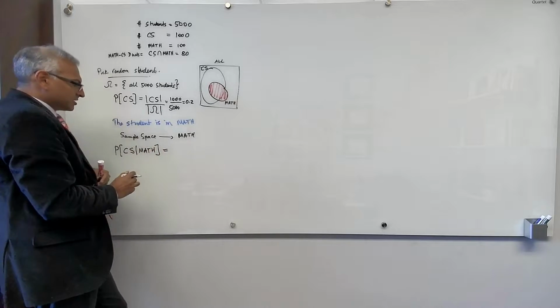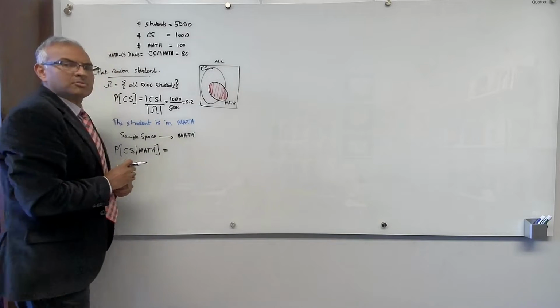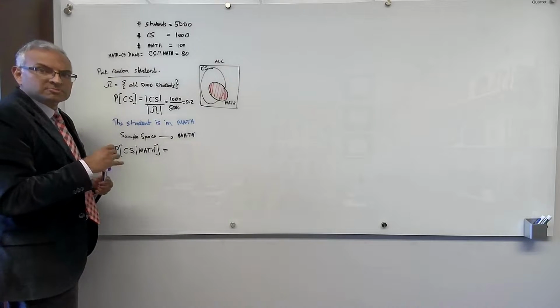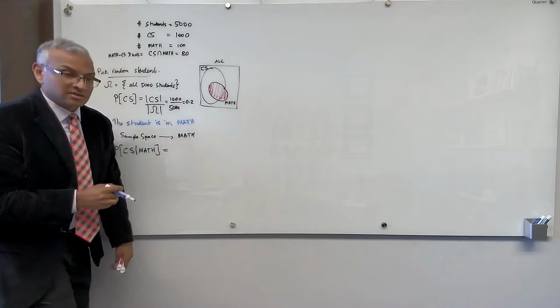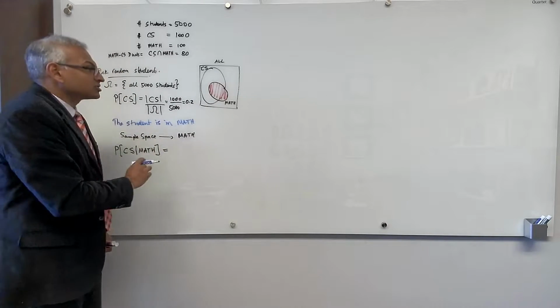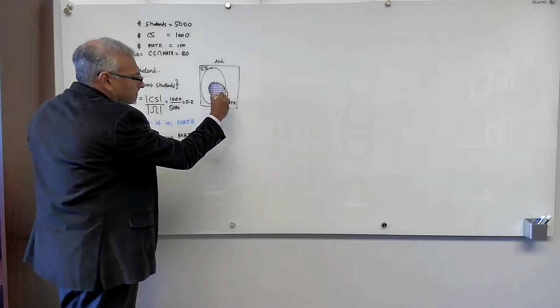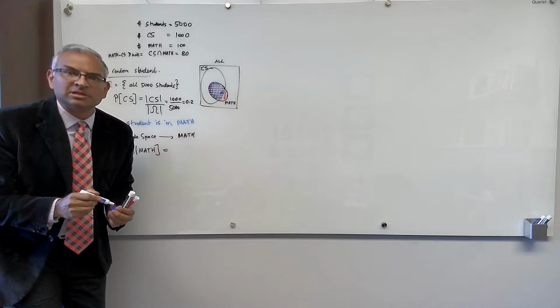This is the size of the event in this new sample space that corresponds to CS. That event, the set of outcomes that correspond to CS in this new sample space, is exactly the students in this region, because those are the CS students in this new sample space of possible outcomes.